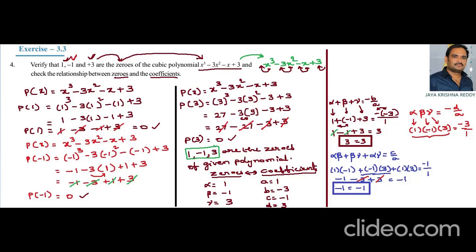Plus into minus is minus, minus into plus is minus. Next you have to multiply the numbers. 1 into 1 is 1 and 1 into 3 is 3, so minus 3, equals, on the right hand side, minus 3 by 1 is minus 3. Here also the relationship is verified and the values on the left side and right side are both equal. So the relationship between the zeros and coefficients of the given cubic polynomial is verified.